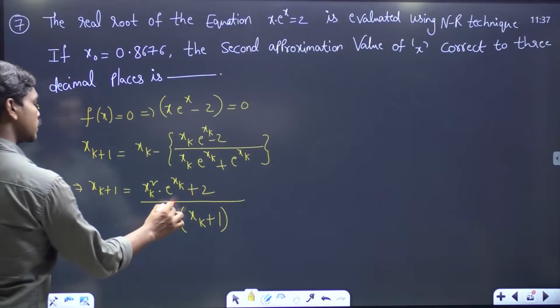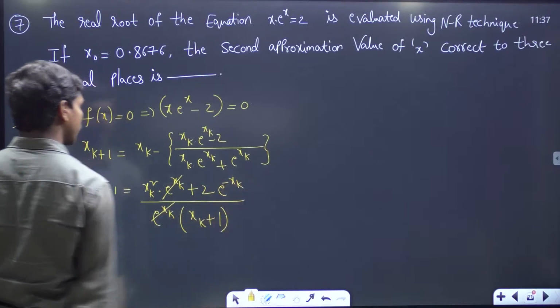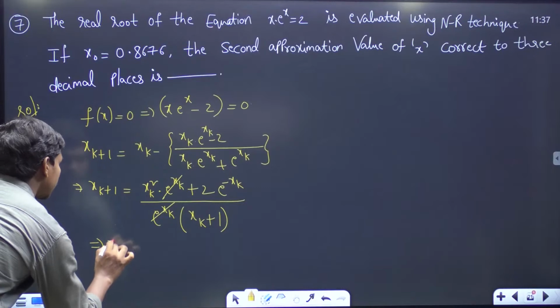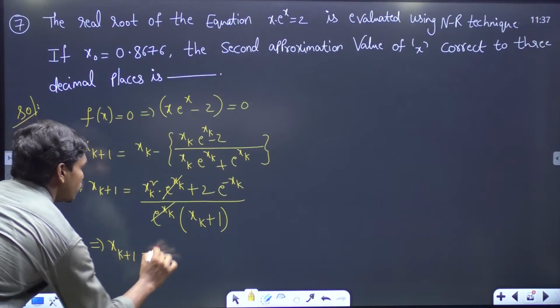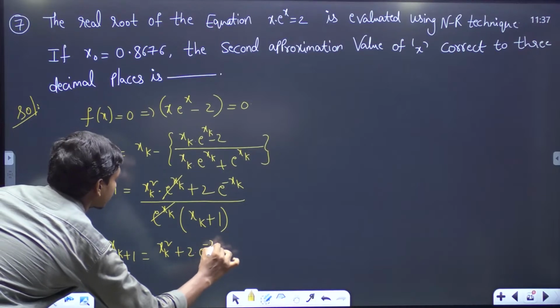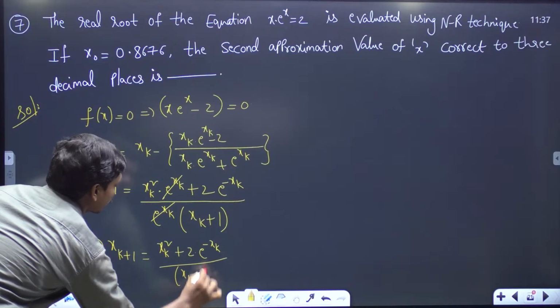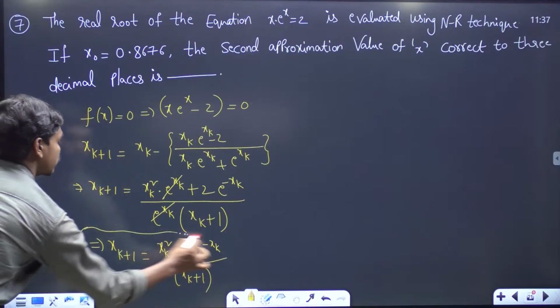So you can cancel and write e^{-x_k} here. You can write the iterative scheme as x_{k+1} equals (x_k squared plus 2) times e^{-x_k} divided by (x_k + 1). So this is the iterative scheme that is with us.